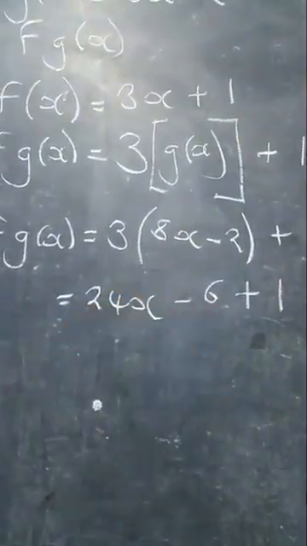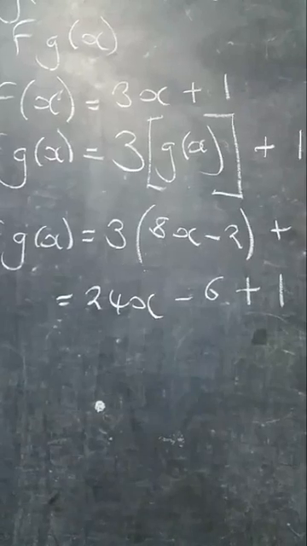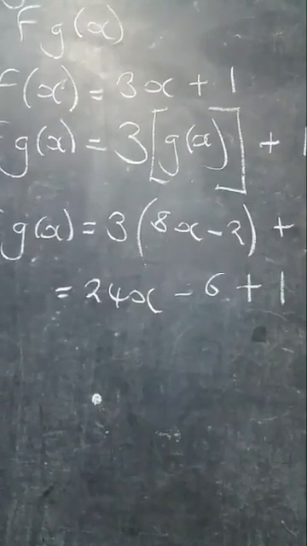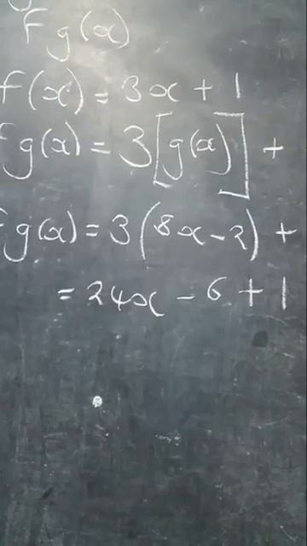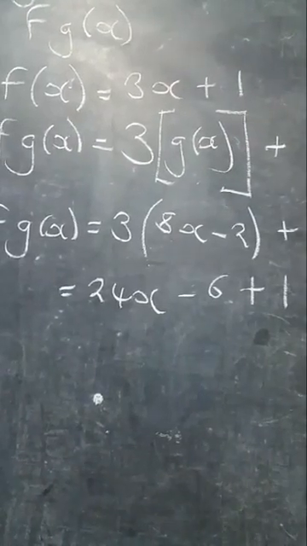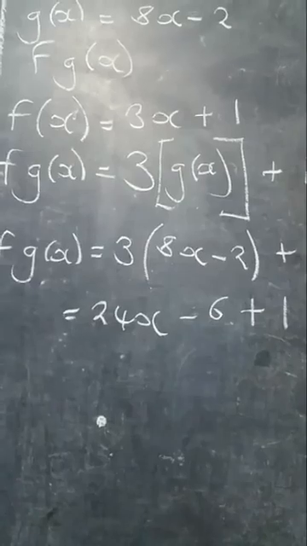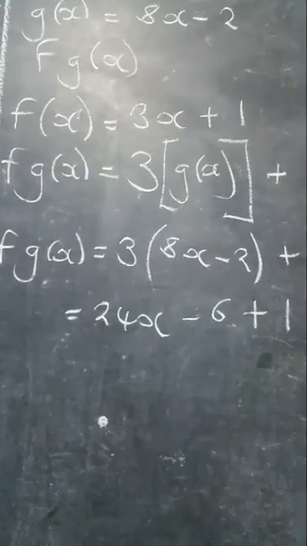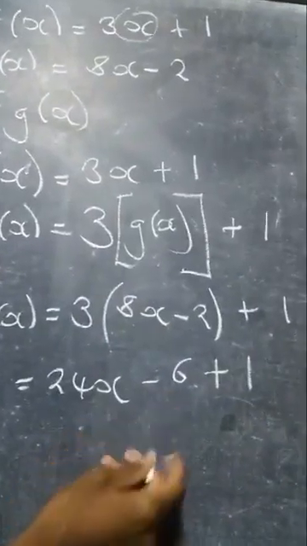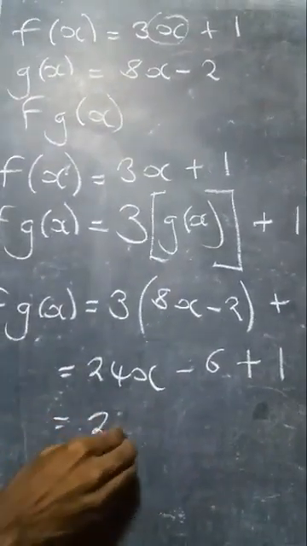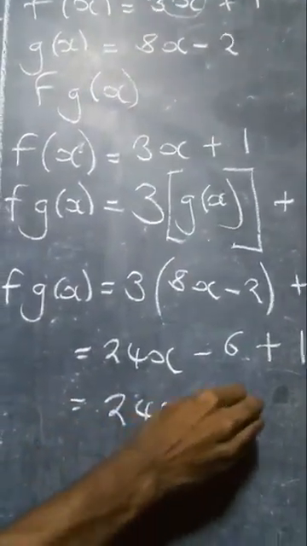Negative 6 plus 1: you follow the sign of the bigger number in terms of magnitude. The bigger number here is negative 6, so 1 minus 6 is negative 5. So it's 24x minus 5.